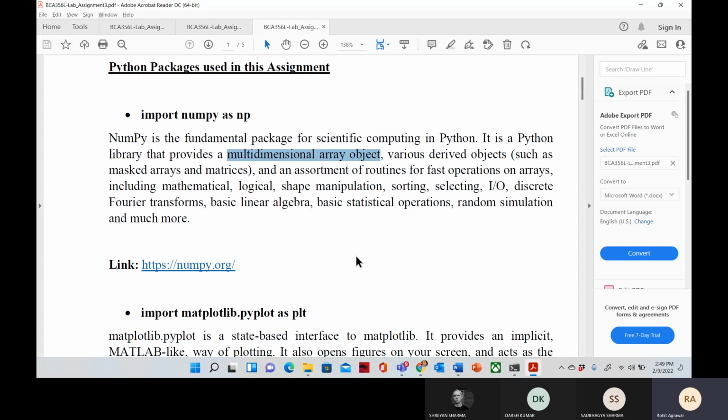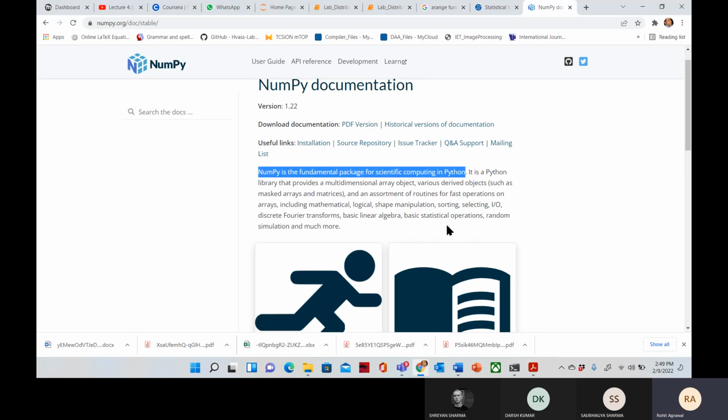There are many inbuilt operations available, like linear algebra operations, sorting, and transformations. This is just a brief idea, because learning a single library itself will take a lot of time. If we start discussing NumPy itself, it will take more than 1 month.